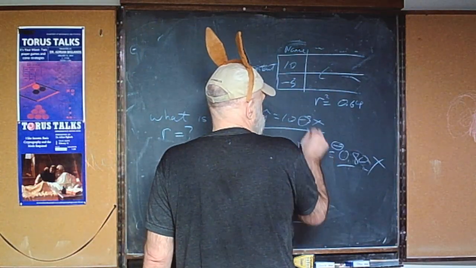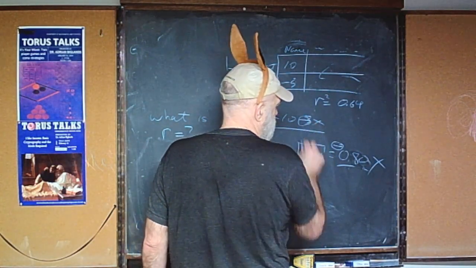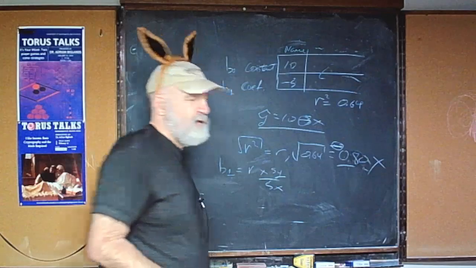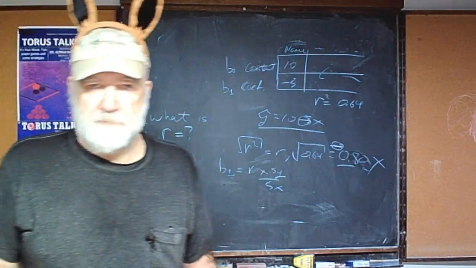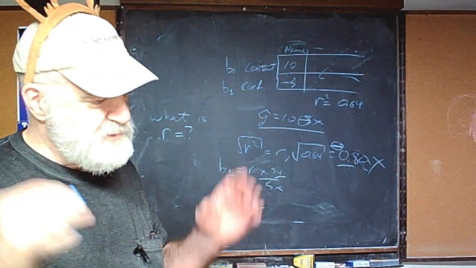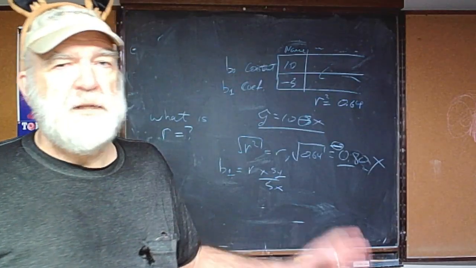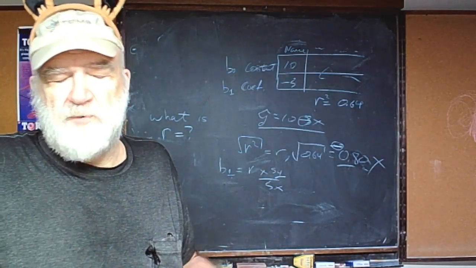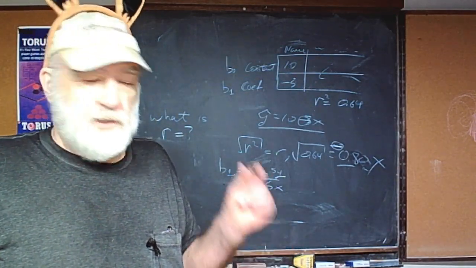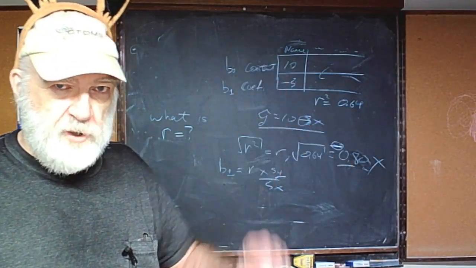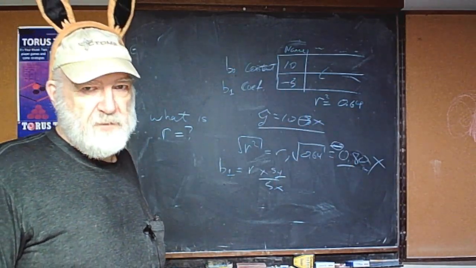Watch out for that. If you have a negative slope, then r has to be negative. I guarantee you, many people will get this wrong because it's an exam. You're in a hurry, you go check it off on the bubble sheet, and game over, baby.